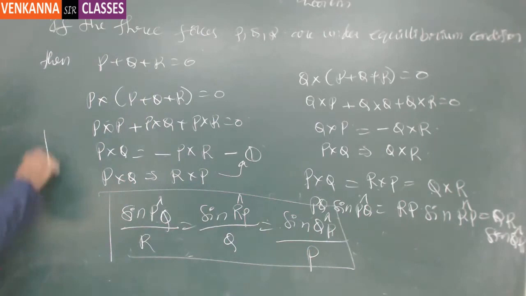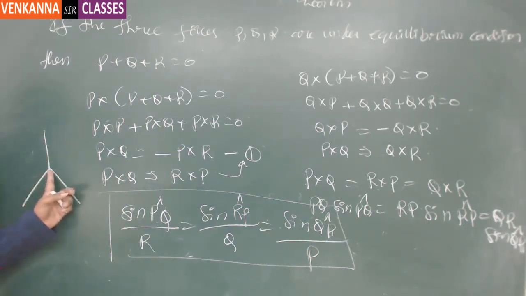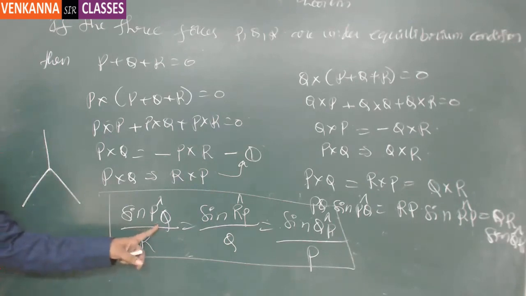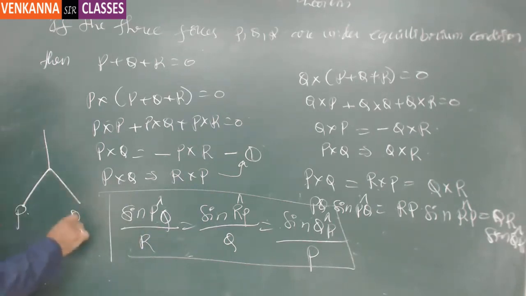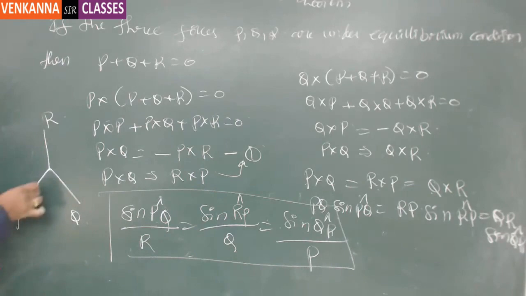Now here, if these are the 3 forces acting at this particular point, these 3 forces will form a closed triangle. Suppose this is P, this is Q and this is R. Then R divided by the sine of the angle between P and Q, is equal to Q divided by the sine of the angle between R and P, is equal to P divided by the sine of the angle between R and Q. So these 3 are equal.